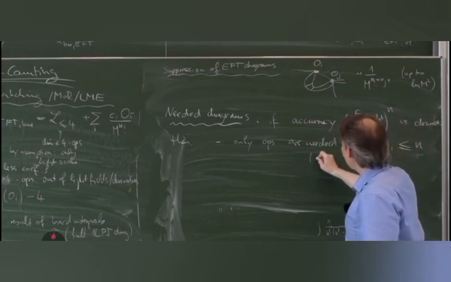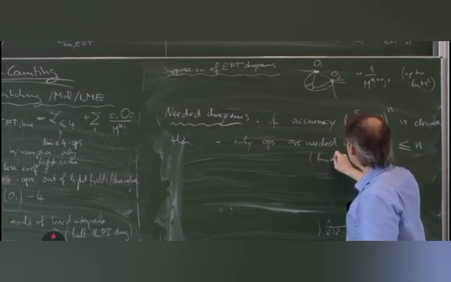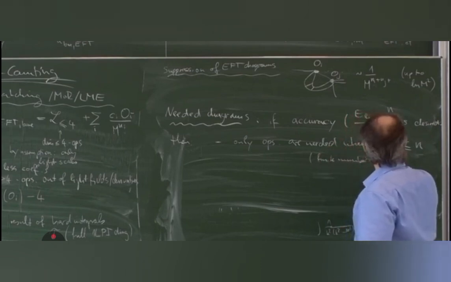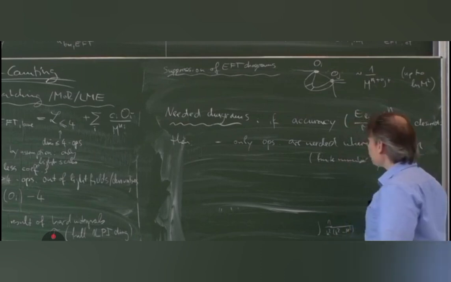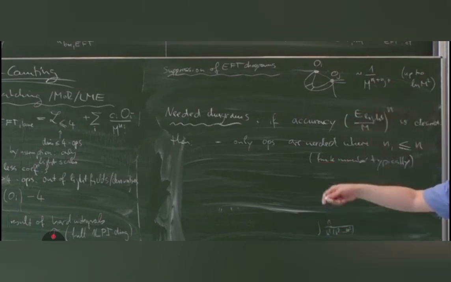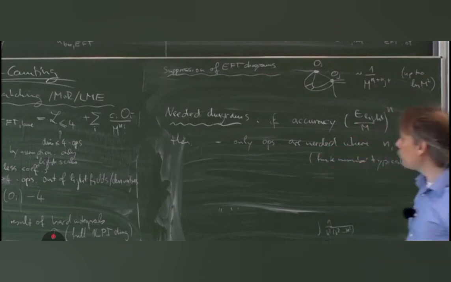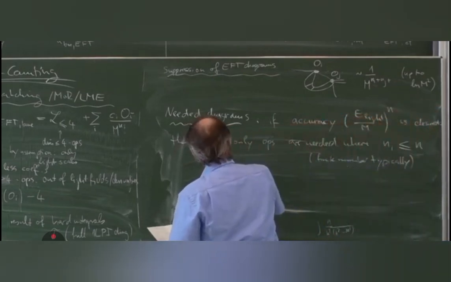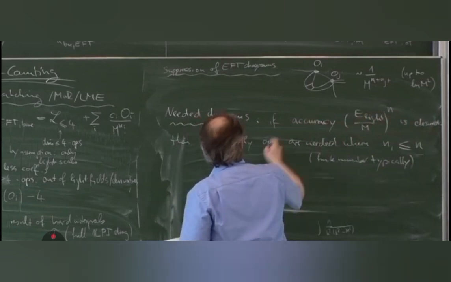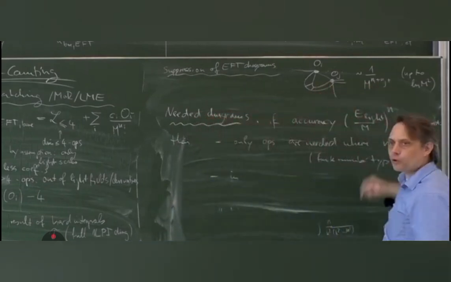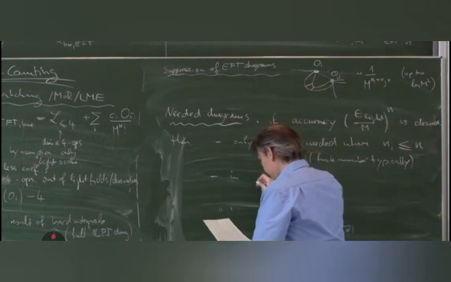And typically this is a finite number. So this already gives a simplification. Our Lagrangian in the EFT contains a finite number of terms instead of an infinite one. And then in any diagram, of course, only combinations of operators matter where the sum of the indices is below n.